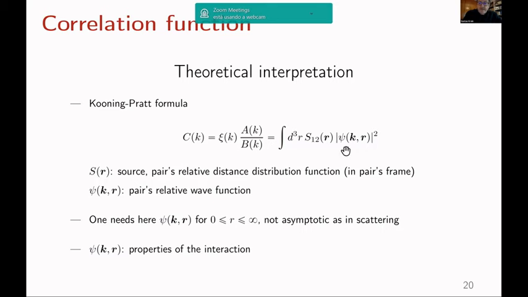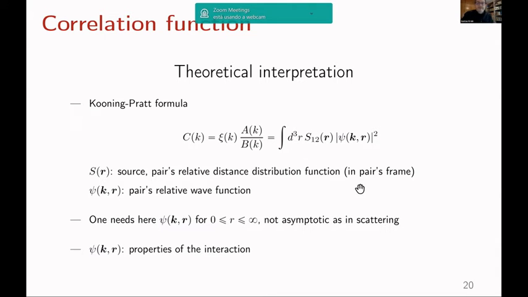You can make a link to the scattering wave function of the system of the J/psi and the nucleon, and this is the source. It's the size from which the proton and the J/psi are emitted. It is not the size of the entire fireball, but of the emission region, which is much smaller than the size of the fireball.